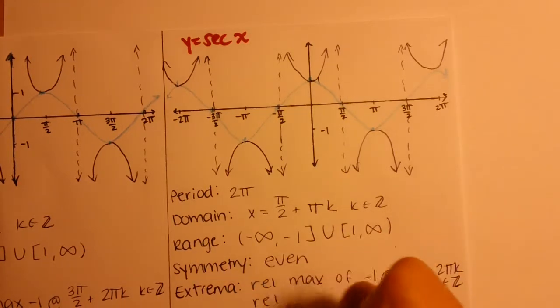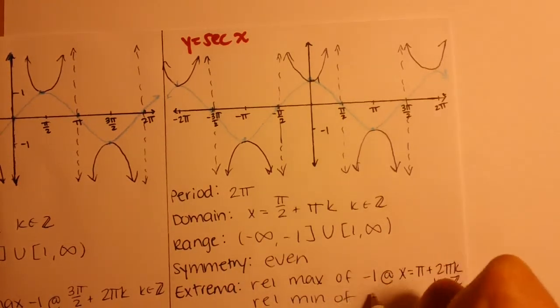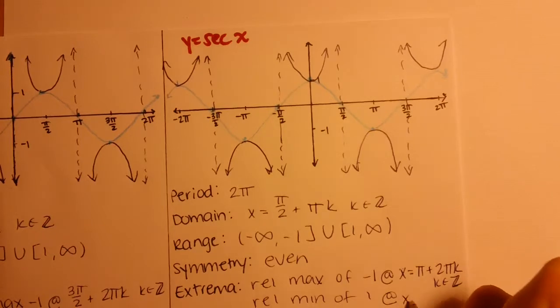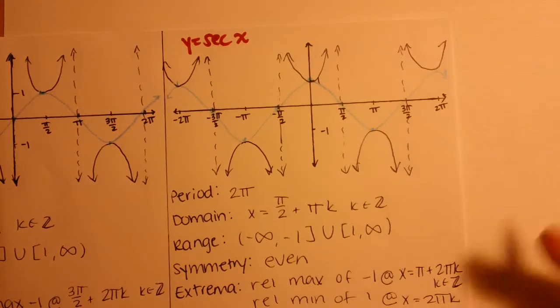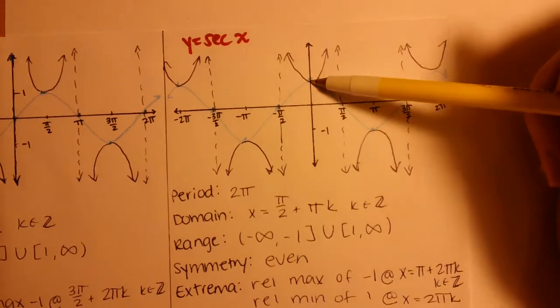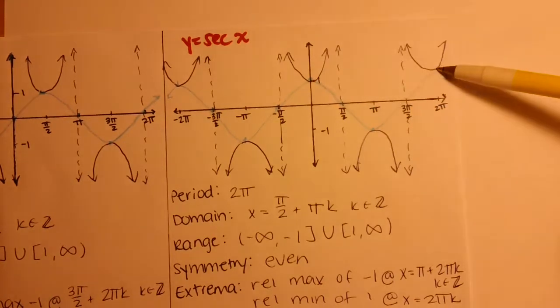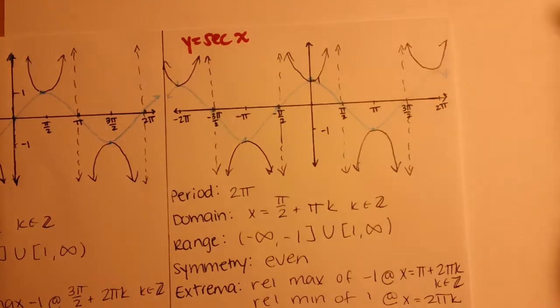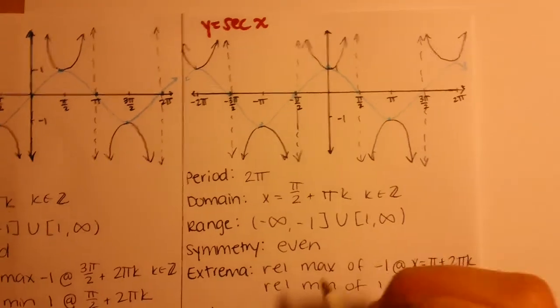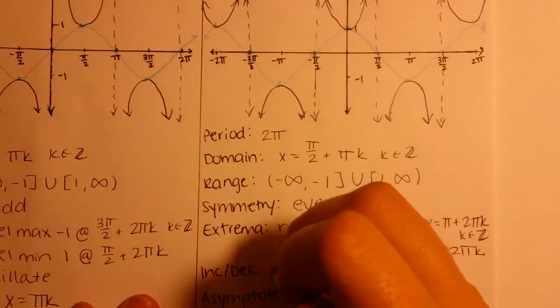And we'll have a relative min of 1 at x equals 2 pi k. And we can say this because our min occurs at 0, we can just add 2 pi or subtract 2 pi to get to our next one. For increase and decrease, it oscillates.